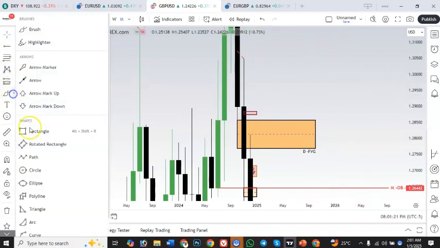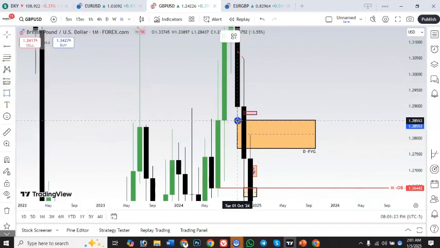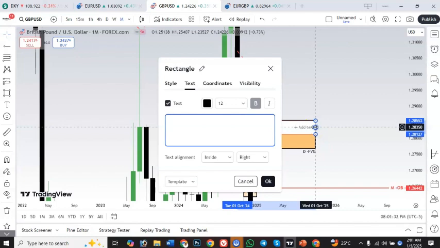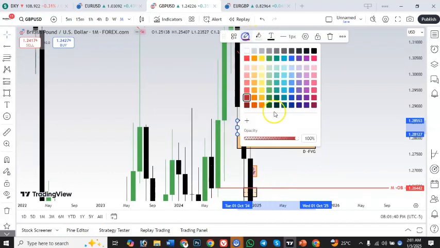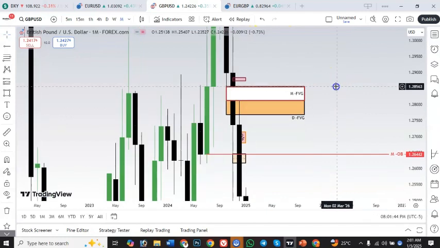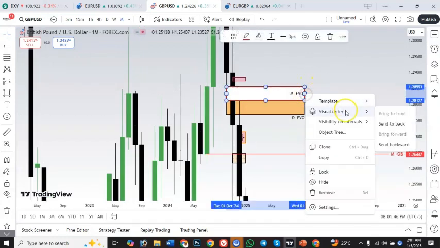Let me show you. I will mark out this monthly one with a different color. Let me put it a white color. Monthly fair value gap. So this is what this one is going to be here.